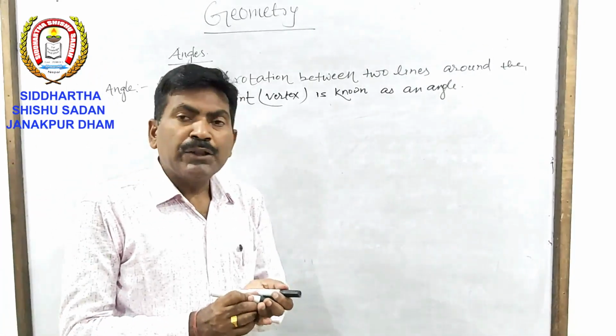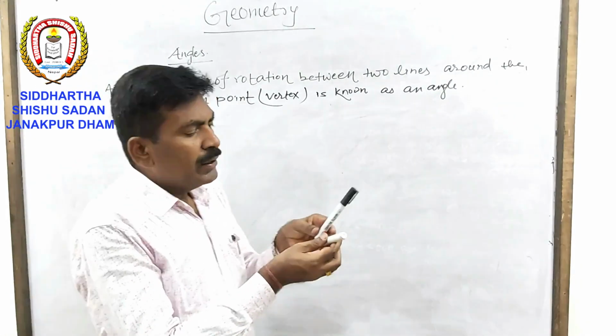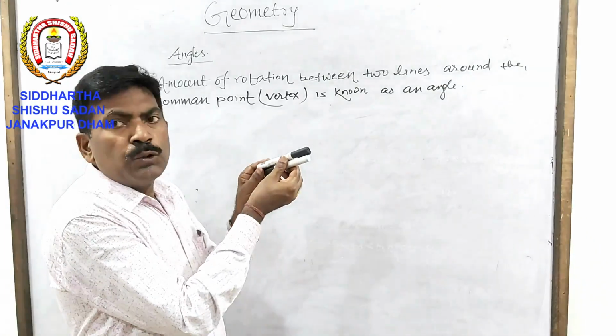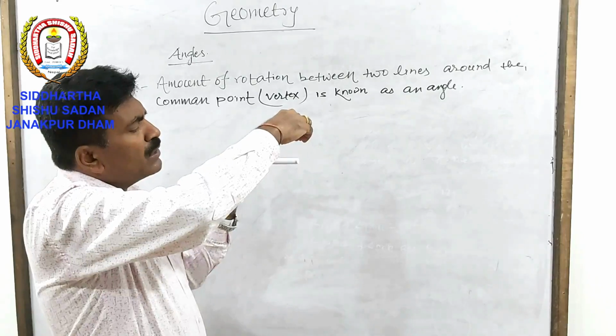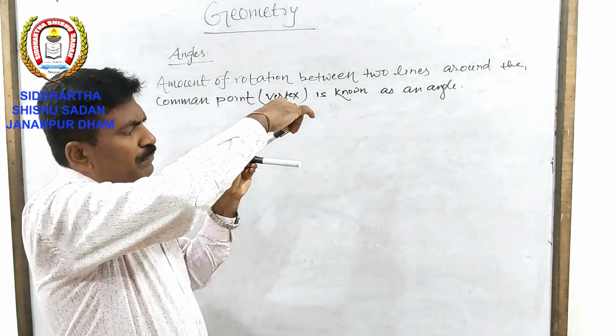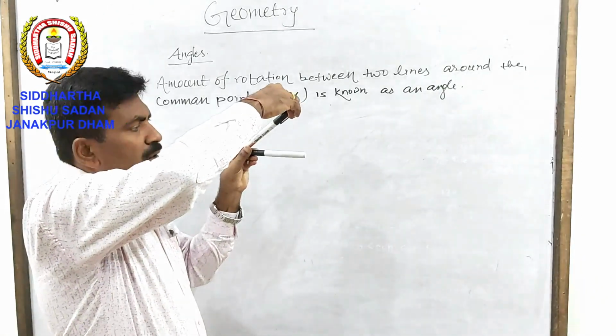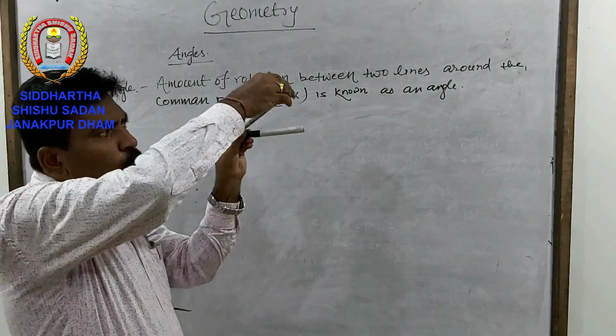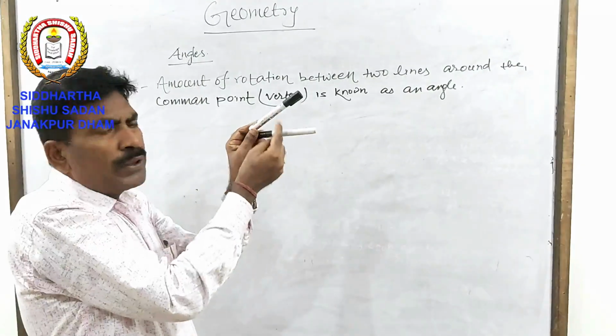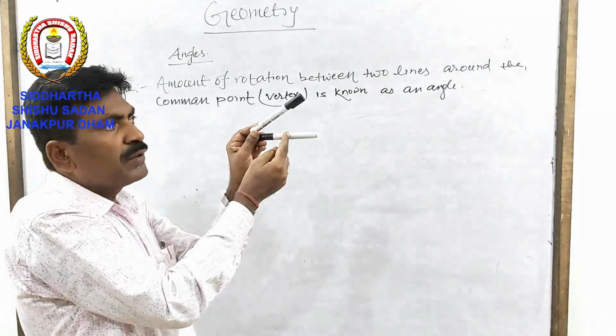So once more I would like to show you here. See, these are the two rays or two lines here with me. Suppose this marker rotates in this direction, and what is this amount of rotation? This is called amount of rotation.